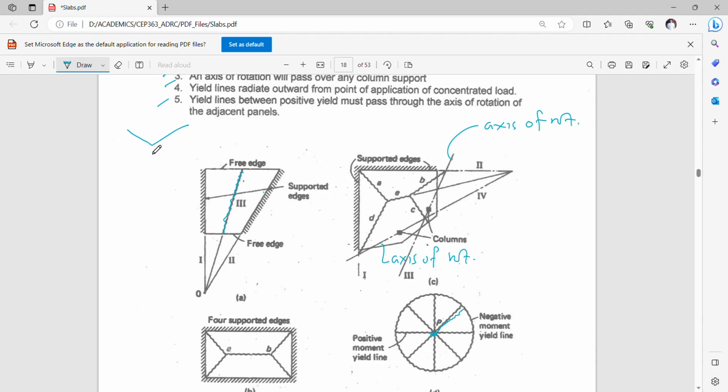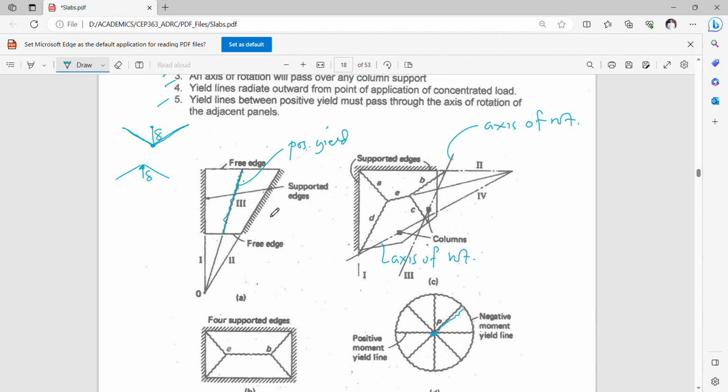So the bending moment is somehow positive, so the deflection delta is directed downward. Okay? So this is a positive yield, while a negative yield is the reverse. So this is a negative yield, the deflection is upward. So here, the tendency for this is to rotate. So this is now a positive yield.